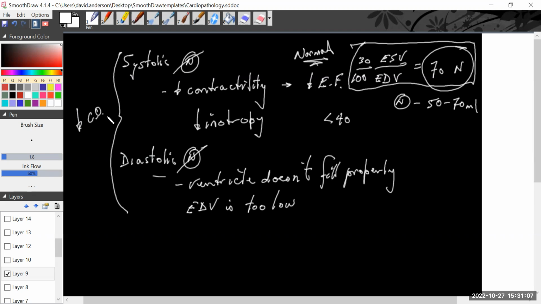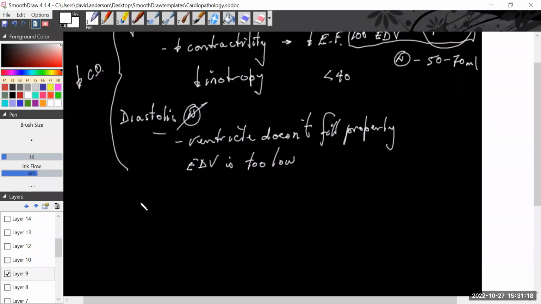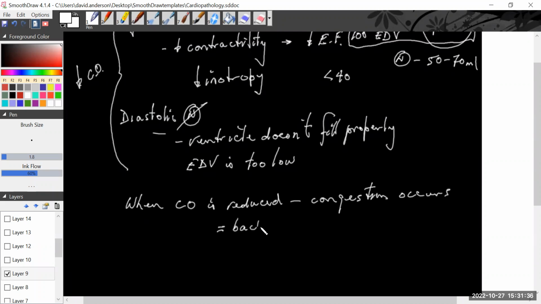And in both cases, we're going to start to see some backflow. We're going to see things start to back up. So it's going to start what we call a backward effect.